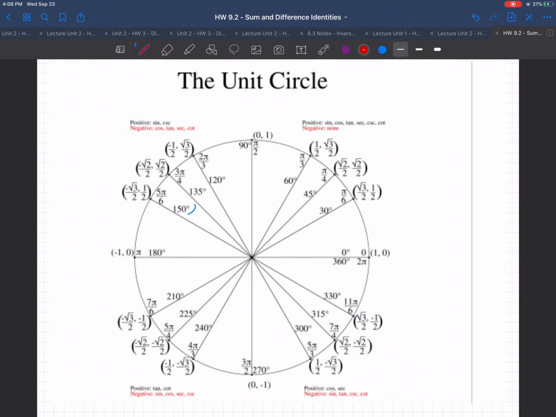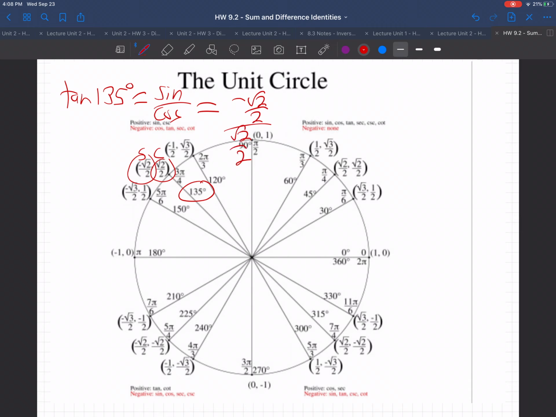So 135 is right here. So this is sine and cosine. So tangent of 135. Remember, tangent is sine over cosine. So it's sine, negative root 2 over 2, over cosine, regular root 2 over 2.